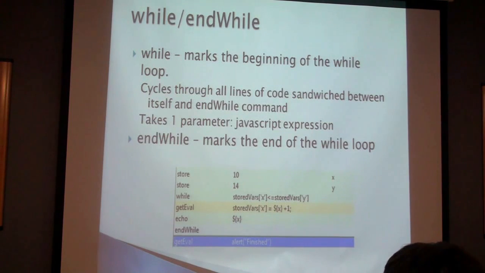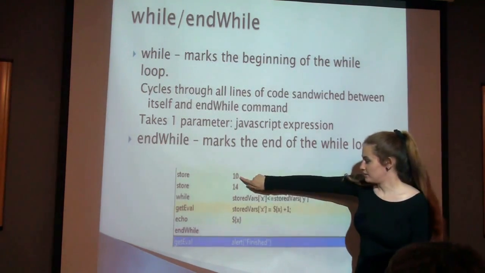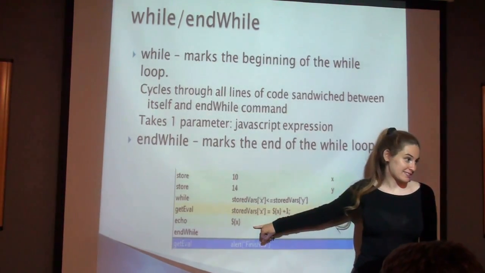Who thinks 14 is the biggest number that will be printed out? Who thinks 15? Okay, good. The 15s have it. What is the smallest number that's going to get printed out on the screen? 11. Why? Because even though we start out with 10, we increment before we print.